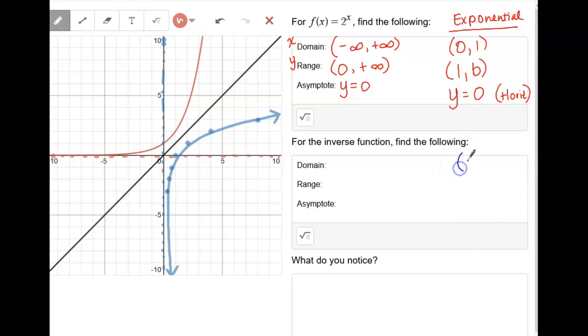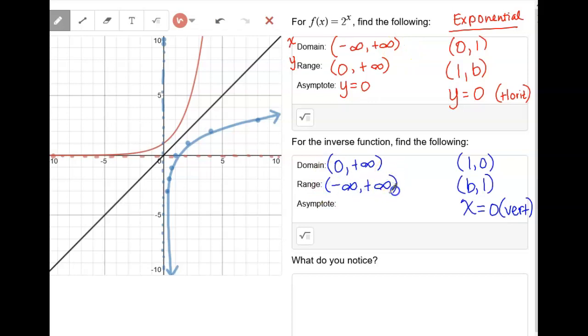So these are always going to go through (1, 0), base 1, and it's going to be x equals 0. So this is vertical. Okay? Domain is going to be the range from the parent function, so it's going to be 0 to positive infinity, and the range is going to be the domain from the parent function, so negative infinity to positive infinity.